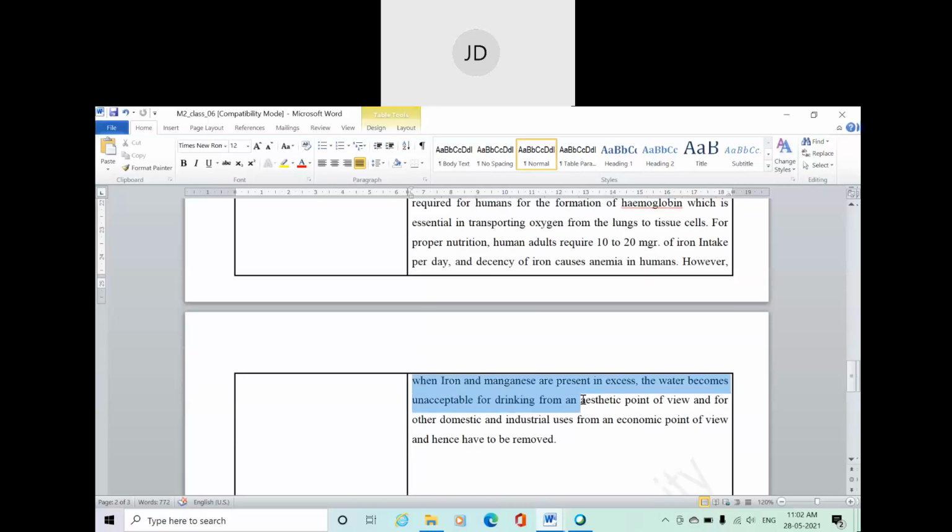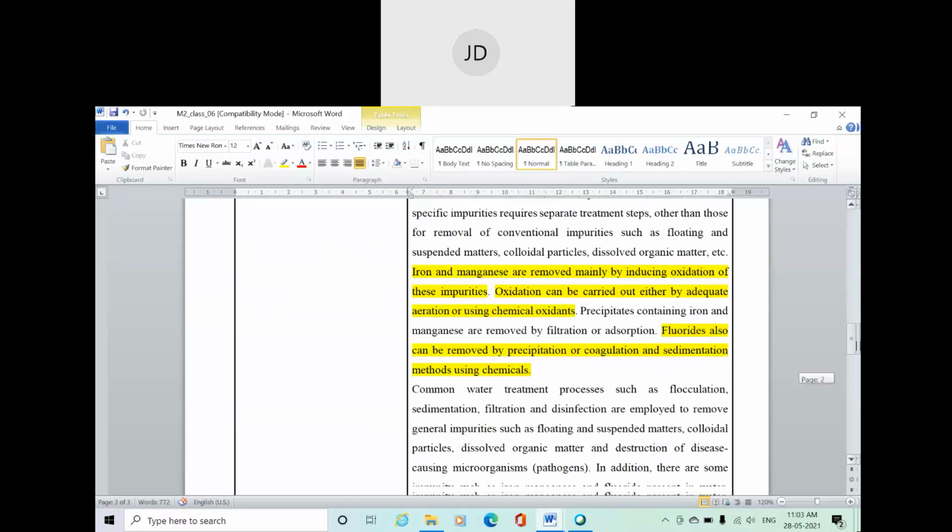However, when iron and manganese are present in excess, the water becomes unacceptable for drinking from the aesthetic point of view, and for other domestic and industrial uses from an economic point of view, and hence has to be removed. That is the basic idea about why we need to minimize the presence of iron and manganese in water. As I already told you, it creates a dust color and black color near the distribution pipe or where the water is stored.